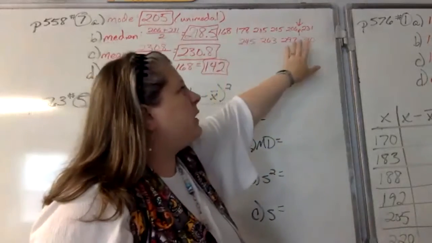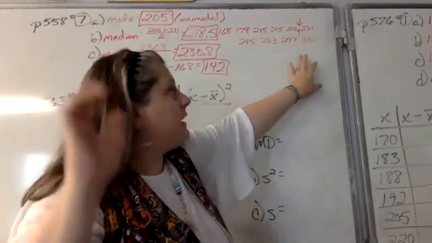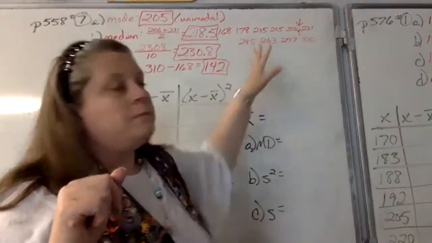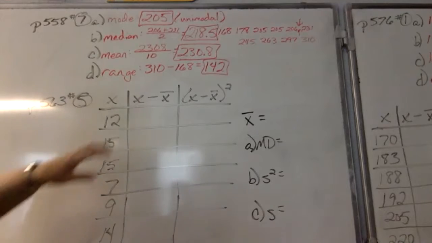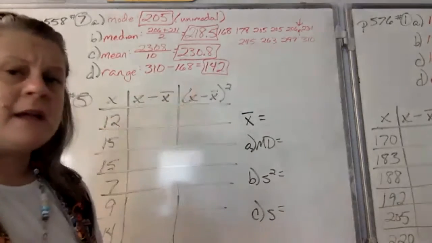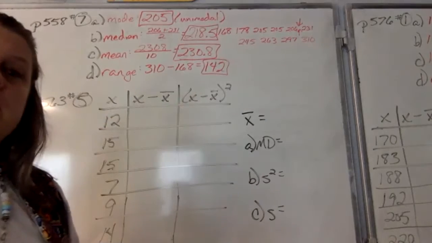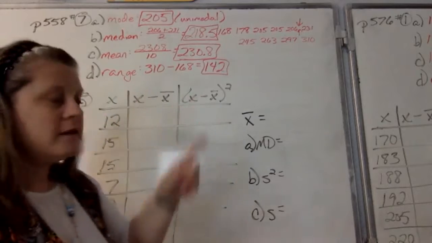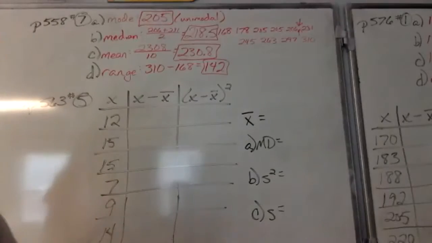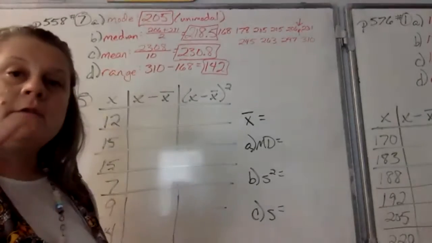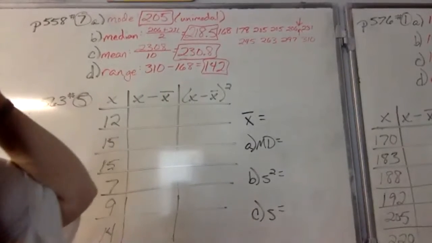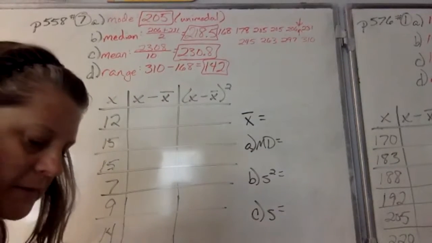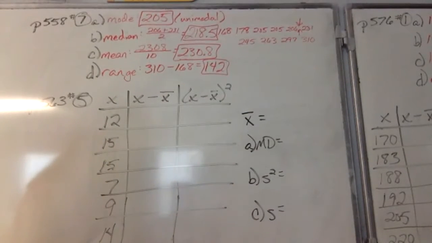You have a few years that were way out there, but the majority of them were around the lower 200s. Now, your range shouldn't match up with them because it's a measure of variance. It's just showing how far the data is spread. So it's not going to look like the other three. The other three should be similar, but this one usually is not. Okay? So that's mean, median, mode, and range.